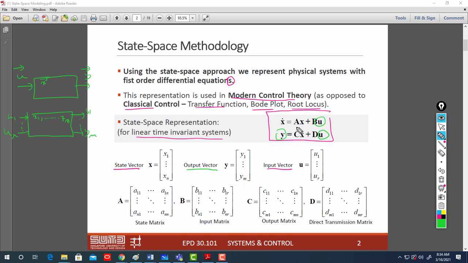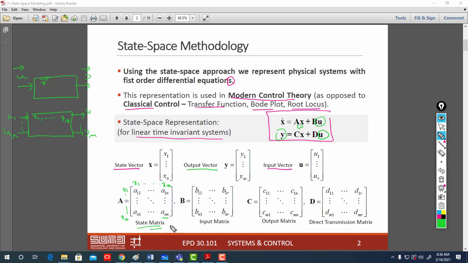A, we call it the state matrix. A is the state matrix because this is your state variable. It is an n by n matrix. So the state matrix is an n by n matrix, x1 up to xn and x1 up to xn.